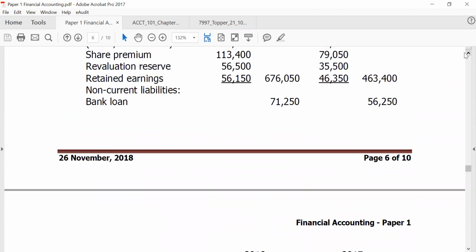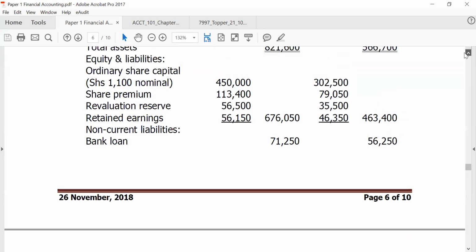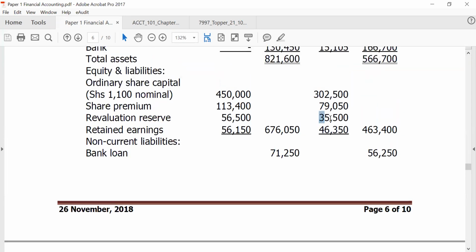Now, when you come to our PPE account here, I want you to see critically. Do we see this section where we have 56,500 and 35,500? We see that clearly. Now here, the revaluation gain is actually the difference between this and this, which is 56,500.